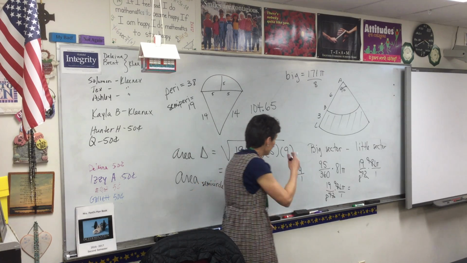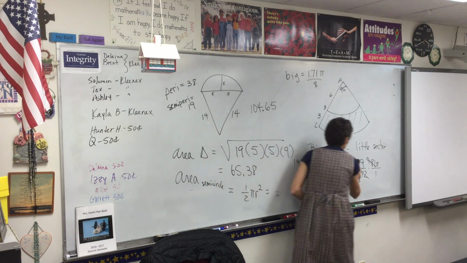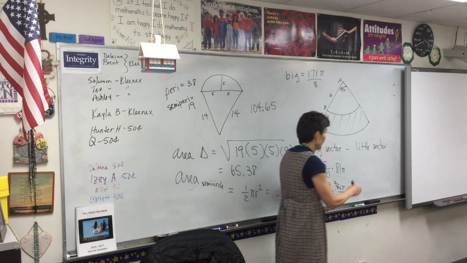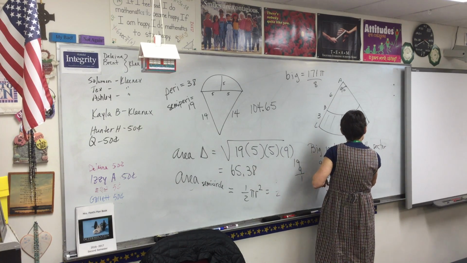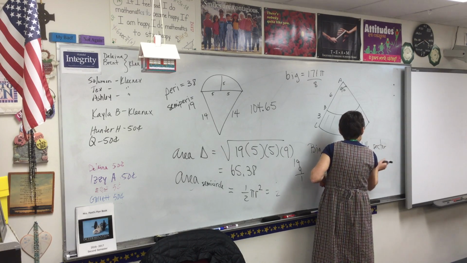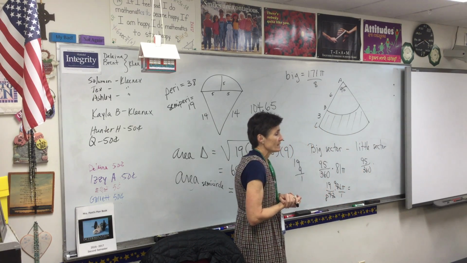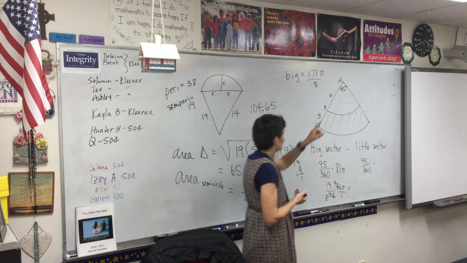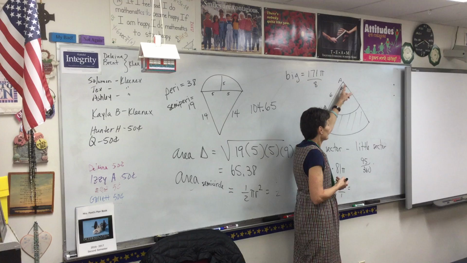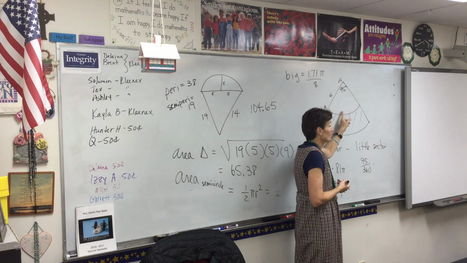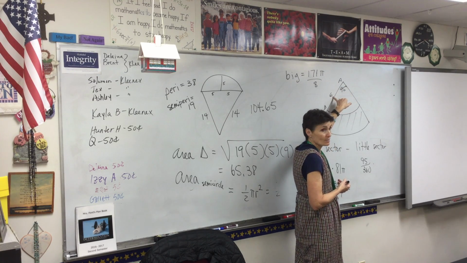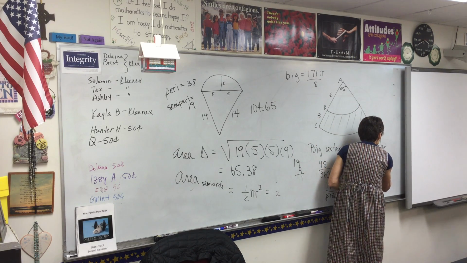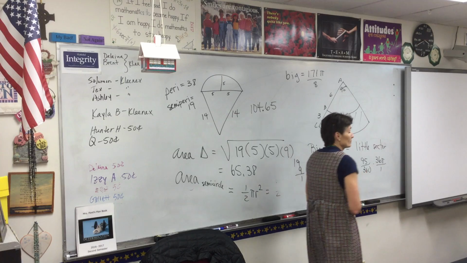Now I still gotta do the little one. I'm going to use the same formula, but this time, what is my radius for the little sector? This is the sector. Sector is a piece of pie. This is it. It's 6, right? So this is going to be times 36 pi.